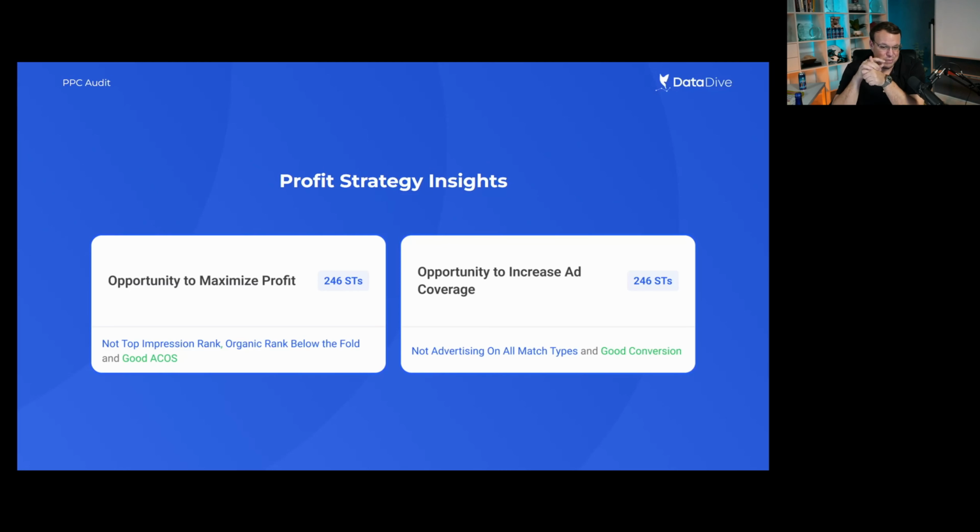ACoS being good could be that you're spending very little and you're making an okay conversion rate, or per click. So your cost per click is low and you have a good conversion, an okay conversion rate, or you're spending a lot, but your conversion rate is still pretty good. So what I would say is that there are a couple things you can pull from this bucket. So let's talk about this bucket.